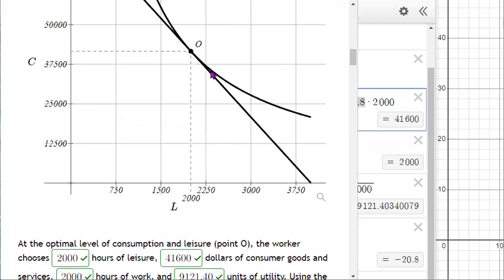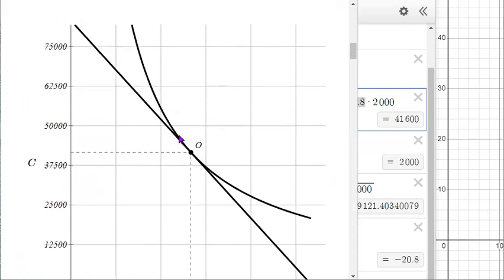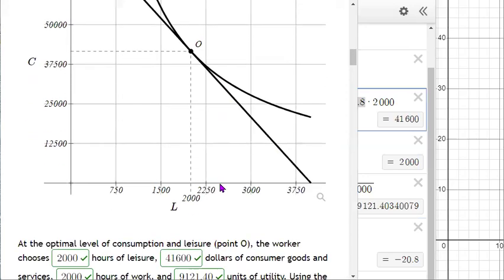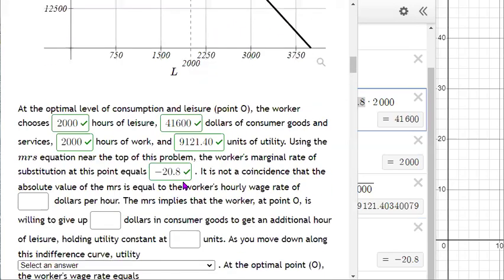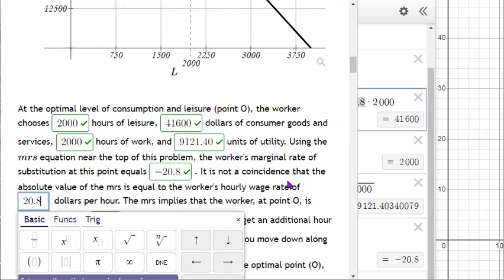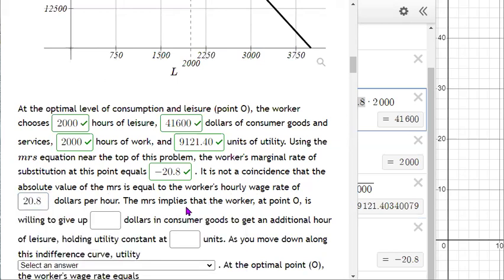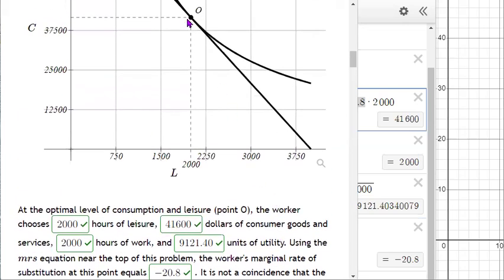So the slope of the indifference curve at the optimal solution is the same as the slope of the budget line, which is negative 20.8. So it is not a coincidence that the absolute value of this MRS is equal to the worker's hourly wage rate of $20.80.